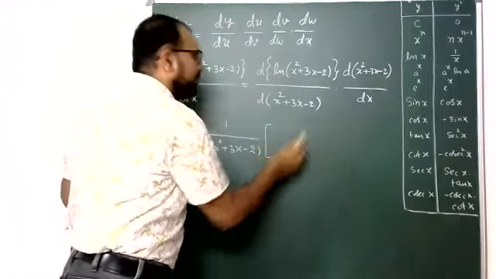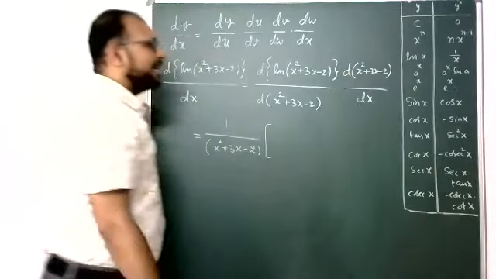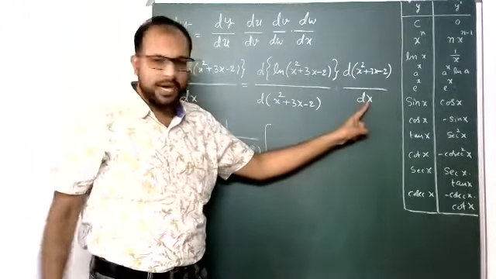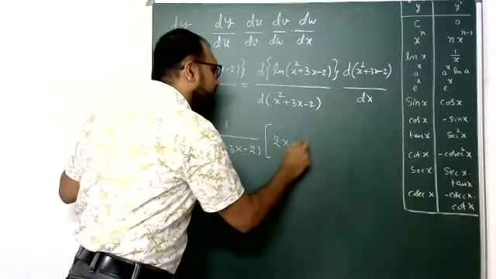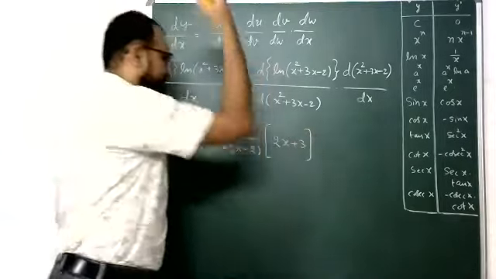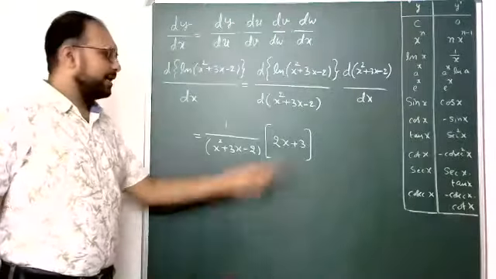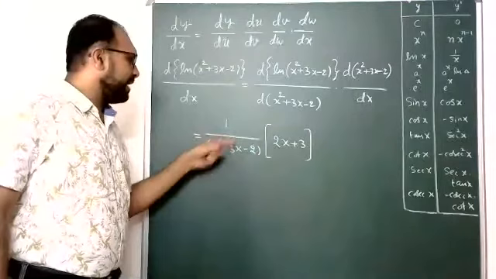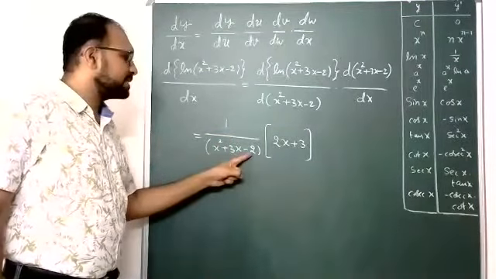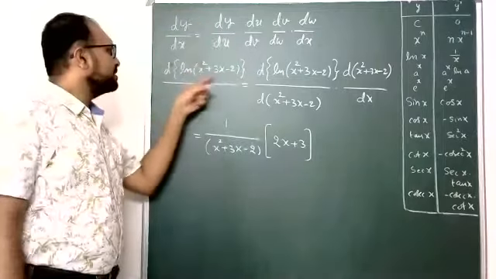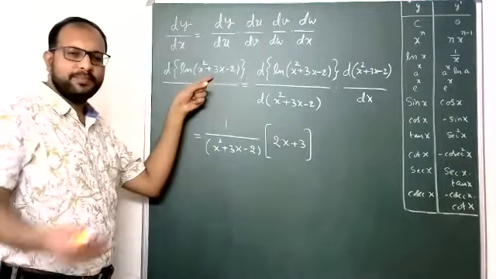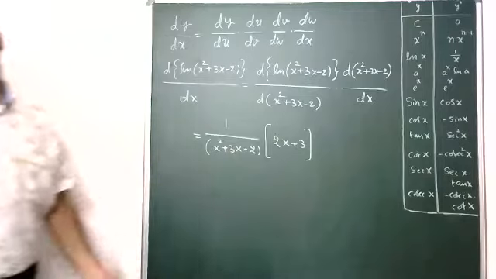What is the second term? The derivative of x square plus 3x minus 2 with respect to only x, so this is 2x plus 3. So the final answer is (2x plus 3) divided by (x square plus 3x minus 2), the complete answer for this example. Okay, students, please take this second answer.